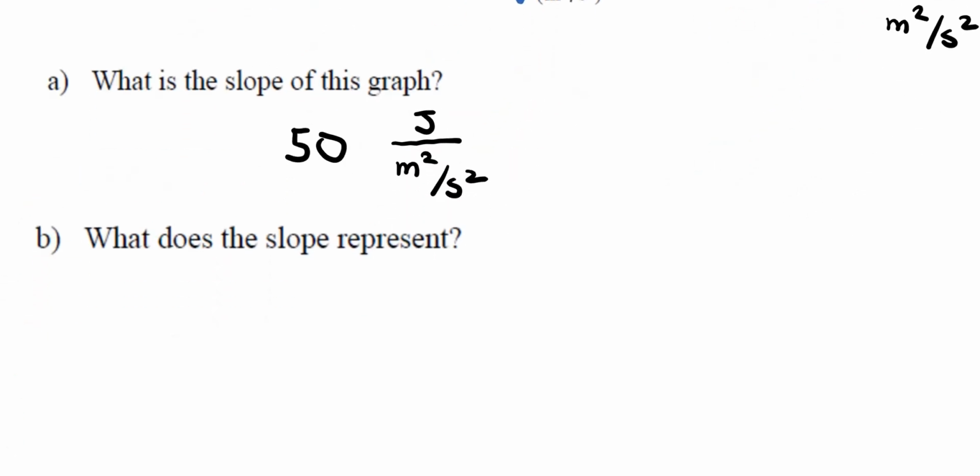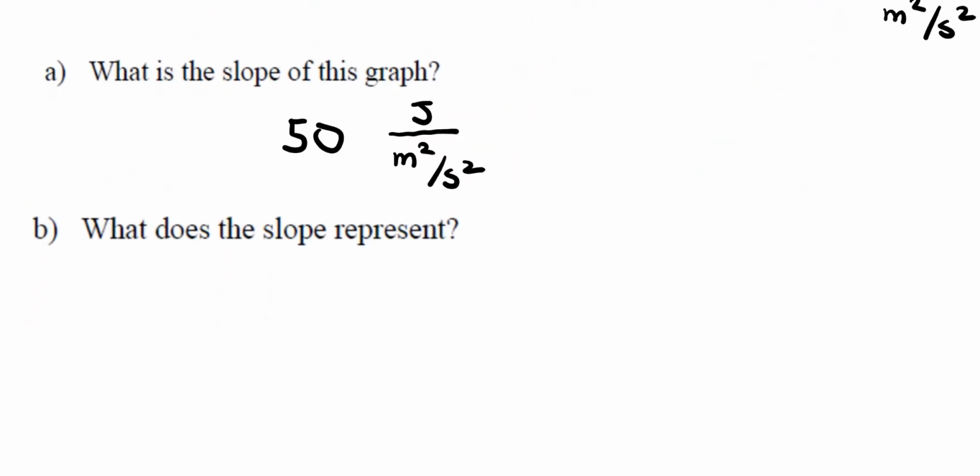And then the question asks, what does the slope represent? So we know the magnitude is like 50, but what does this 50 really mean? Okay, since we have kinetic energy on the y-axis, let's just say kinetic energy is equal to the formula 1/2 mass times your speed squared.